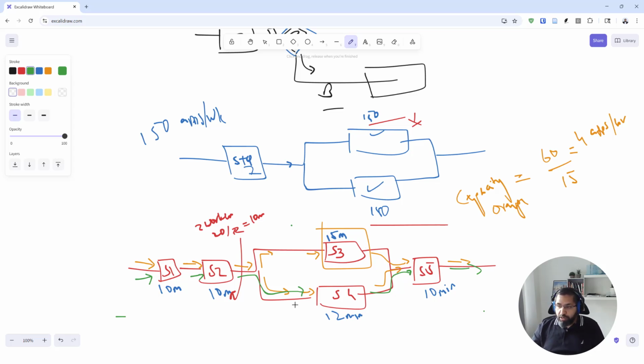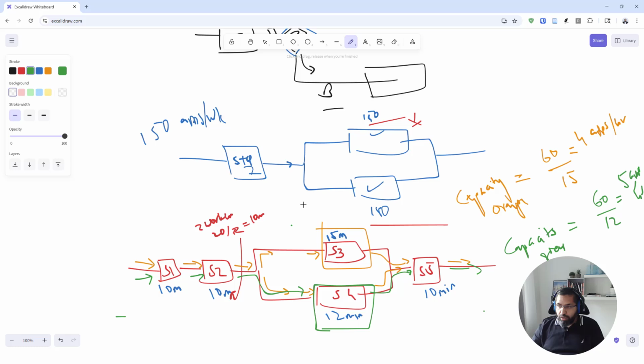If step 3 is not there, then step 4 becomes the bottleneck, and so the capacity for the green applications is going to be 60 minutes over 12, which is 5 applications per hour, or 5 units per hour.